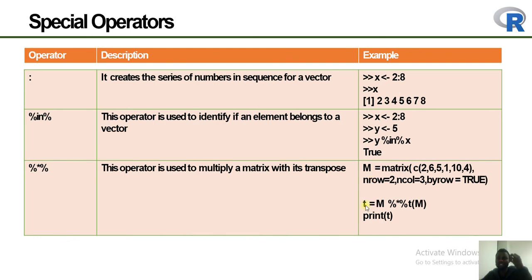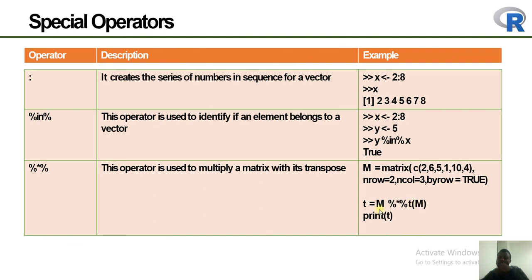I'm trying to get the transpose of this matrix. The easiest way to do this is to say M %*% t(M). t is a function from the base package that helps us in calculating the transpose of a particular matrix. So we have t and then we have the M with it.